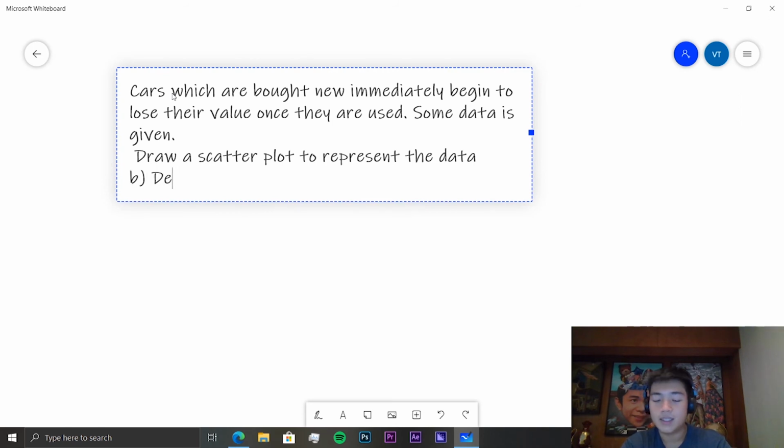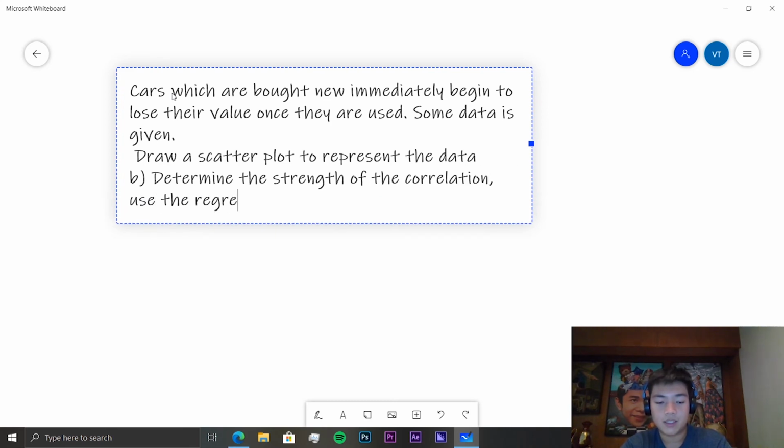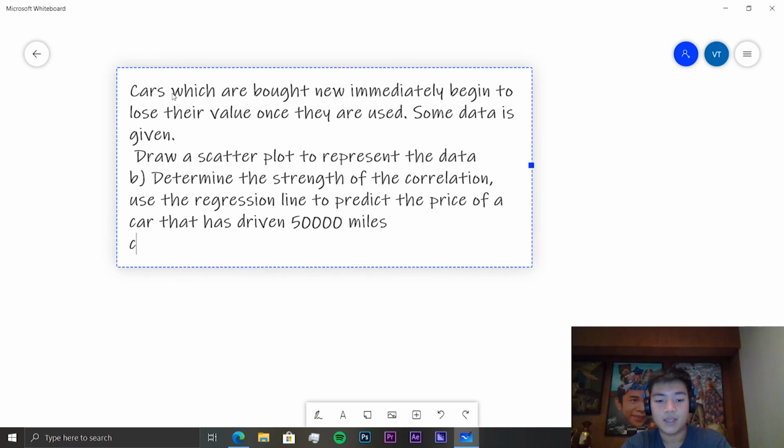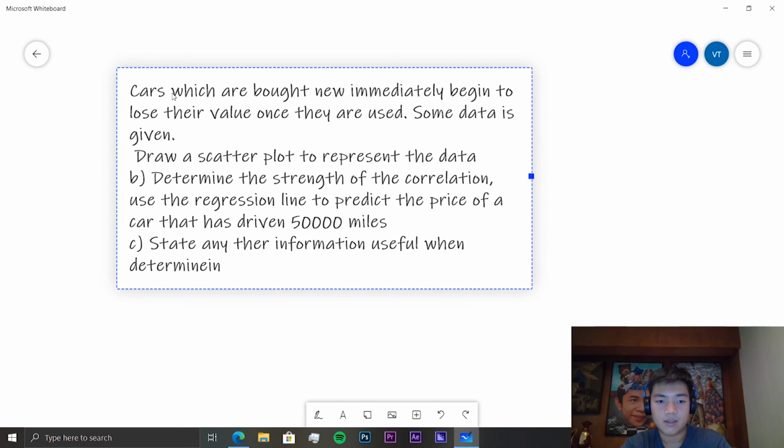Next, we want to determine the strength of the correlation and use the regression line to predict the price of a car that has driven 50,000 miles. And finally, state any other information useful when determining a car's value.